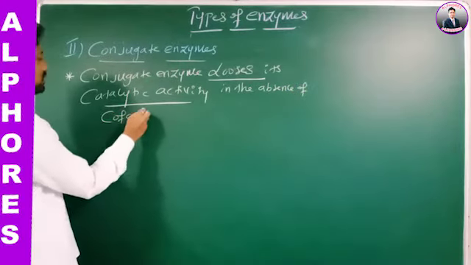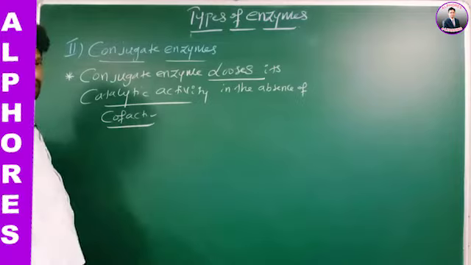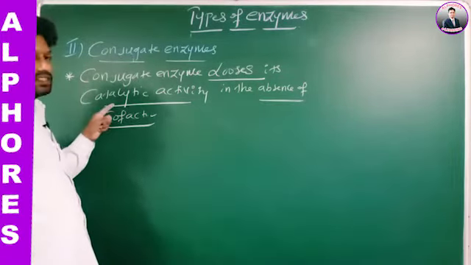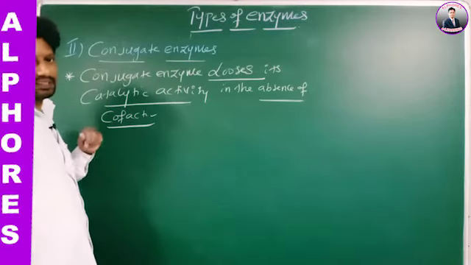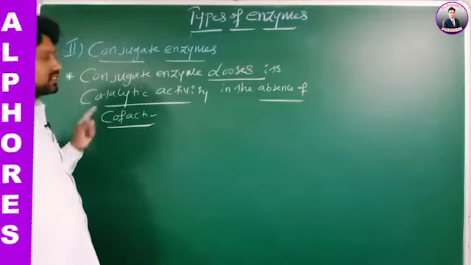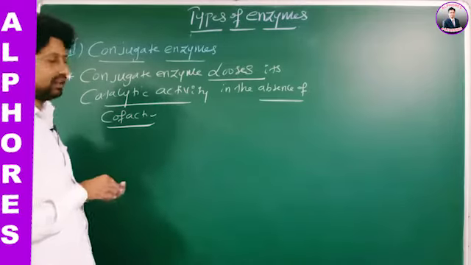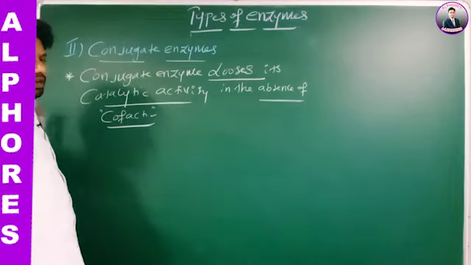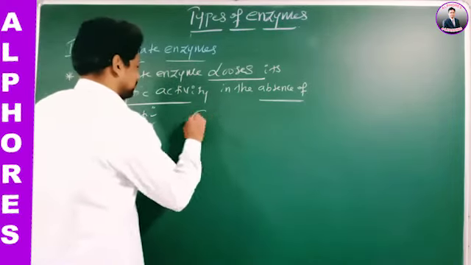This statement clearly indicates that if cofactor is present, then only the conjugate enzyme gets its catalytic activity and can act like a catalyst. In the absence of cofactor, a conjugate enzyme loses its catalytic activity. Okay, right? Sir, we are discussing what? Cofactor.